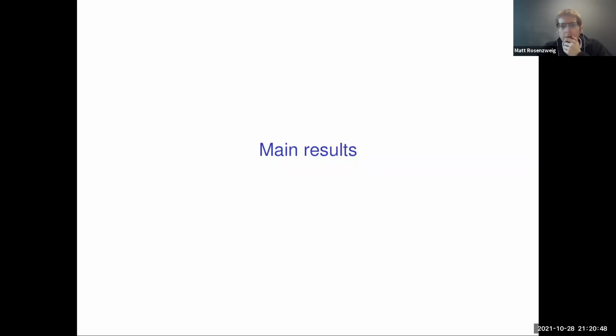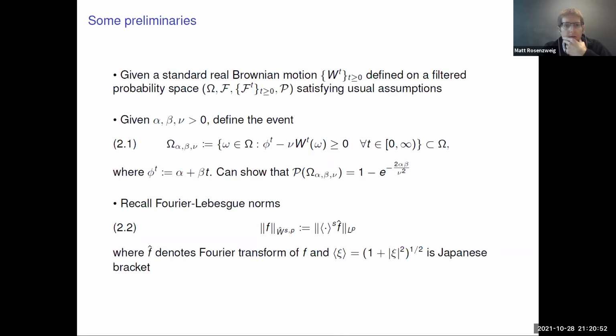And then I want to shift to what we can actually say about this random PDE. So some preliminaries. I'm going to assume that I'm given some standard real Brownian motion and some filtered probability space satisfying all the usual assumptions. More importantly, given some parameters α, β, ν, consider this following set. So I'm looking at the set of paths of the Brownian motion such that when I multiply it by ν, I stay below this function φ_t.